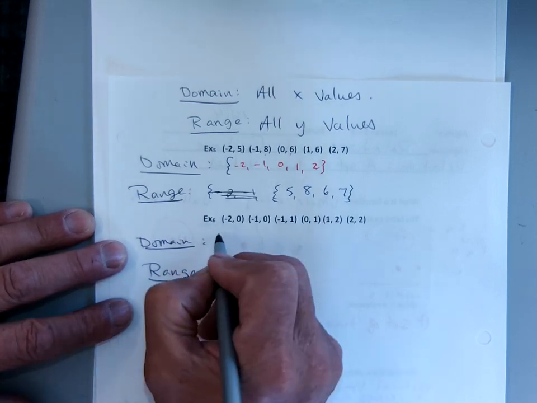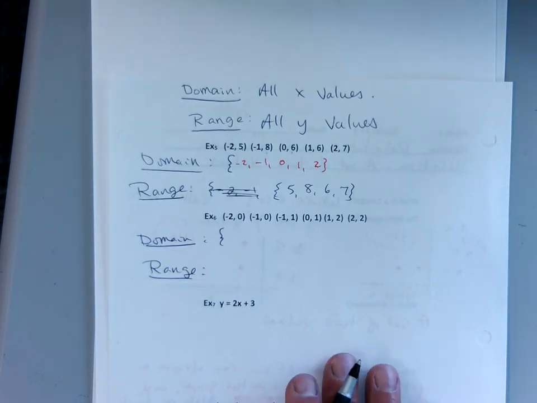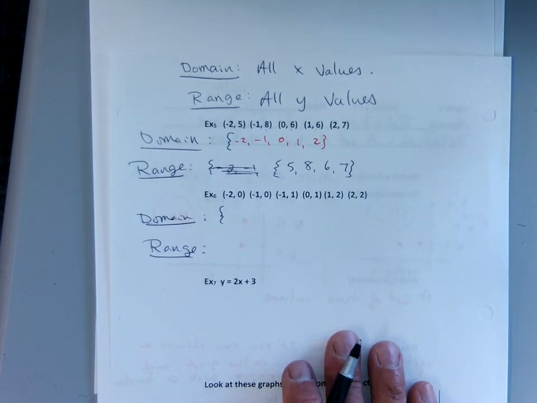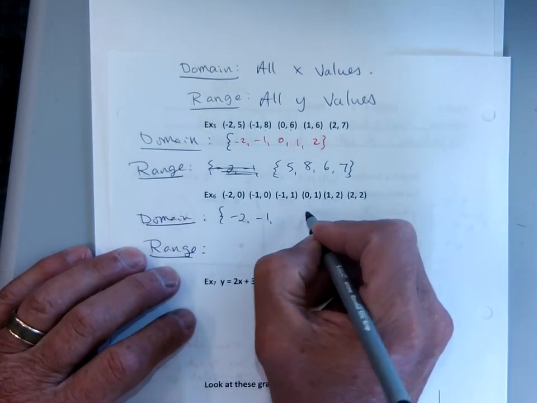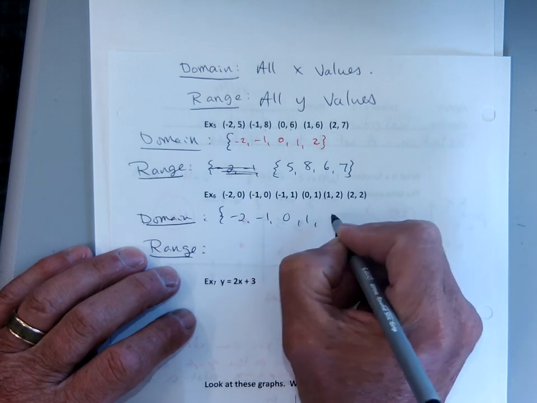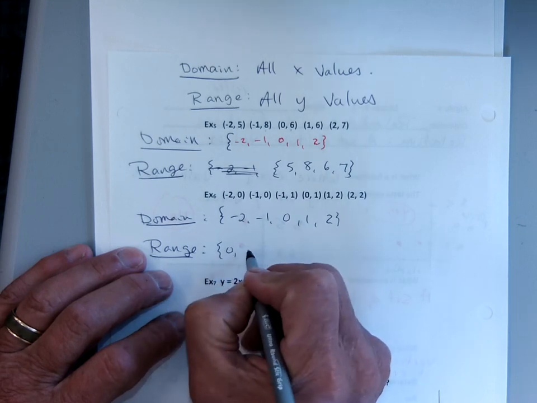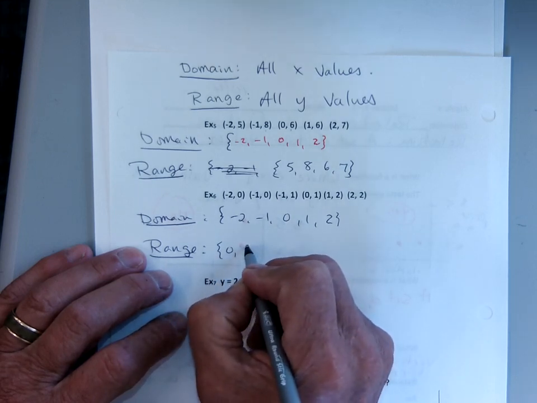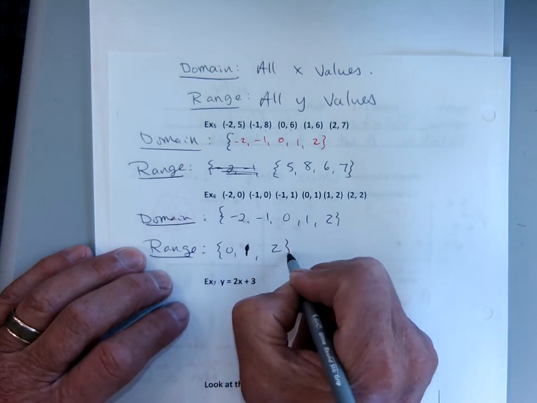Okay, so domain, range, use your little set symbol. -2, -1, 0, 1, 2, all right? 0, 1, 1 again, 2, and 2 again, okay?